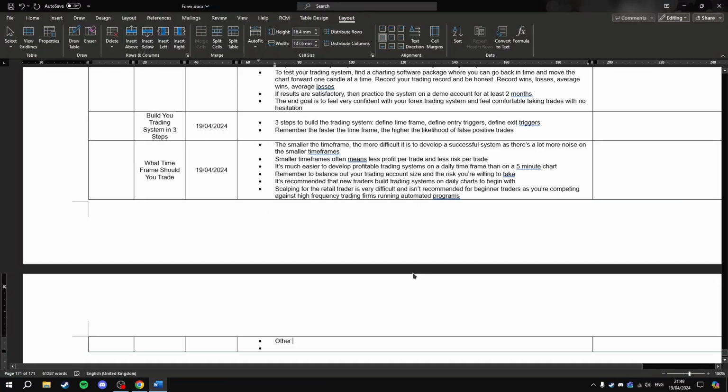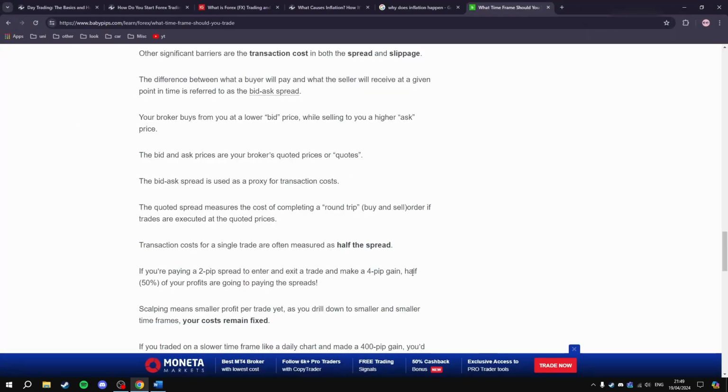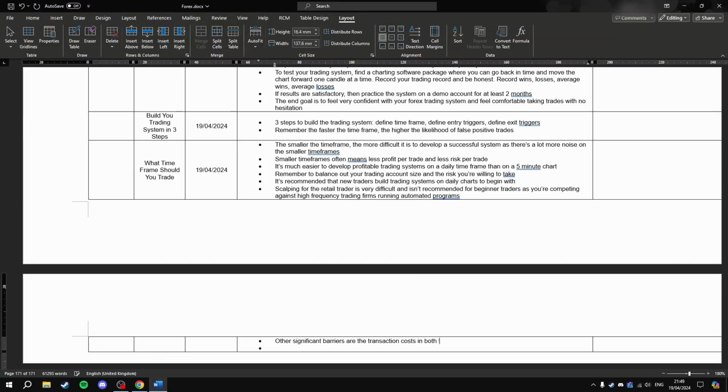Other significant barriers are the transaction costs in both the spread and slippage.